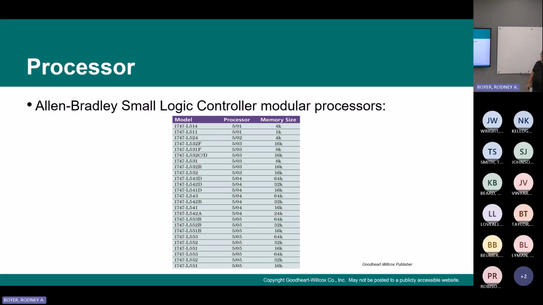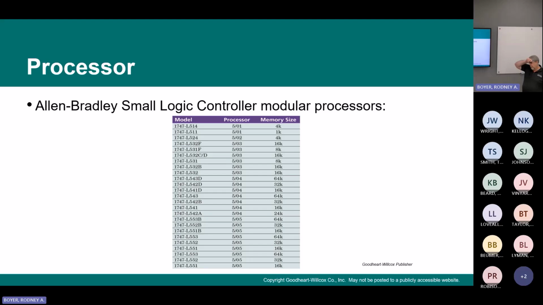Those are the MicroLogix, or the SLC processors, 501 through 505, based on how much memory is available on them more than anything else, and the communications.